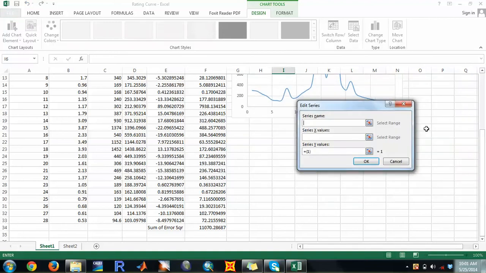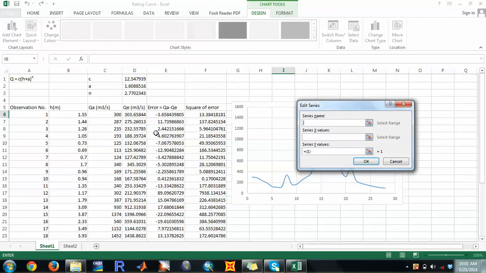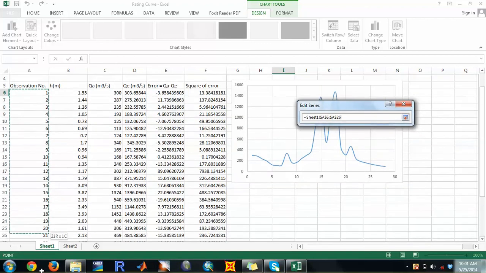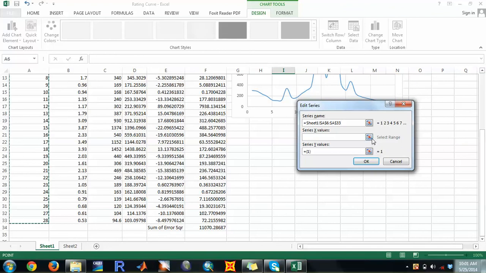Say add, and this is the estimated one, and the x value is still the observation number.